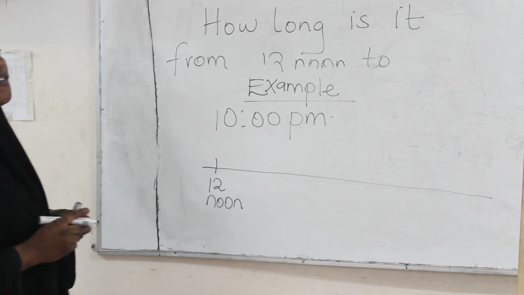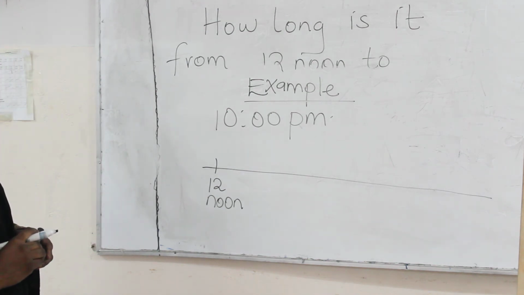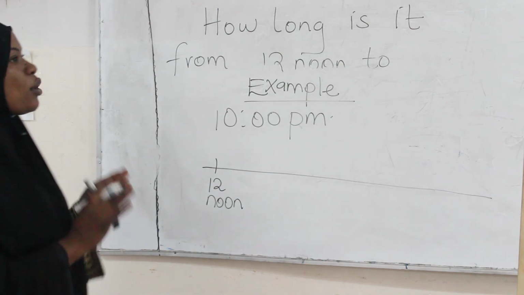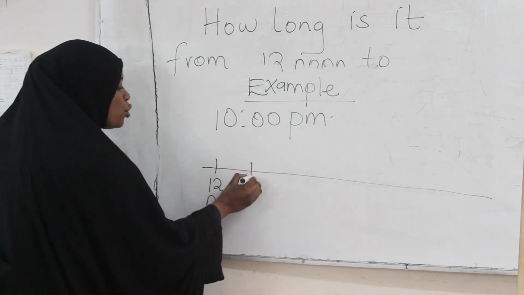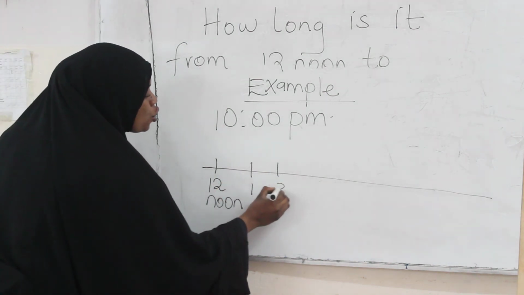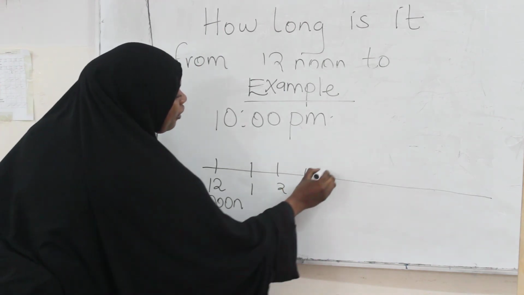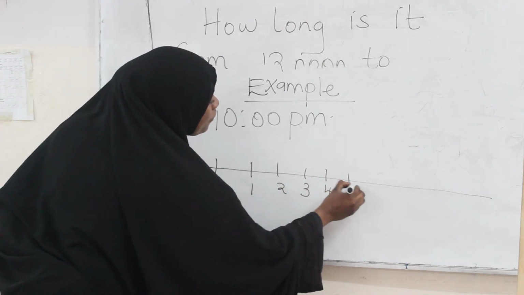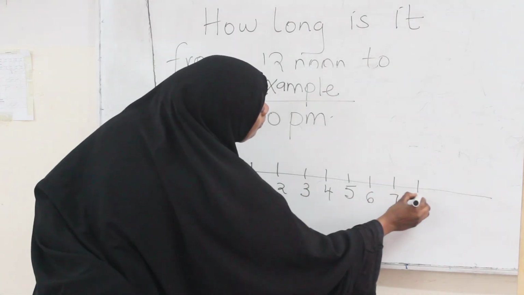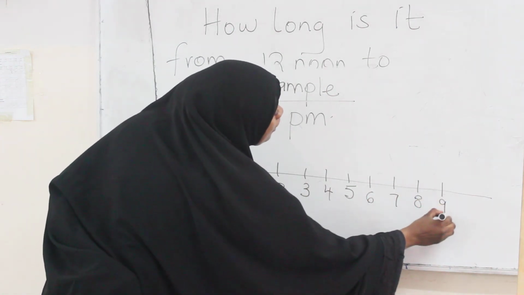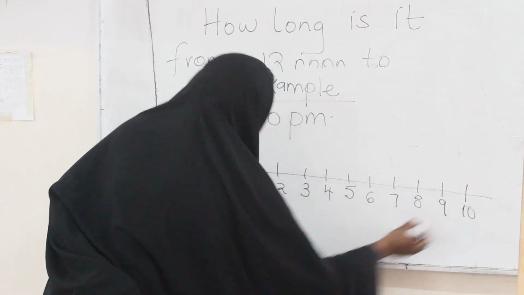And we said after 12, don't go to 13. We are using the 12-hour clock system. After 12, we go to 1, 2, 3, 4, 5, 6, 7, 8, 9, 10.